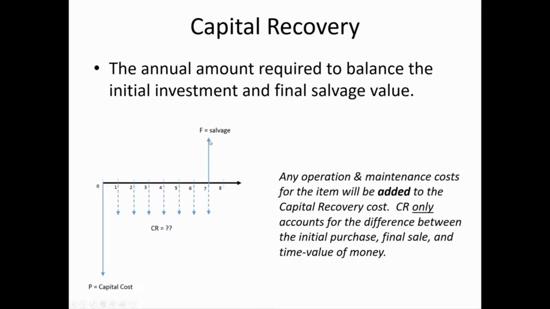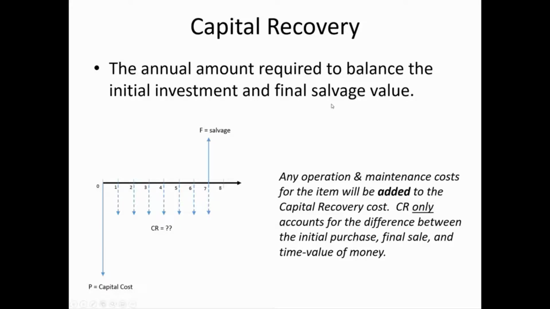And so we know a future amount, and we know the present value of our cost, and the cost was an outlay, the salvage value is a revenue, and so capital recovery is the difference between the two expressed on an annual basis.